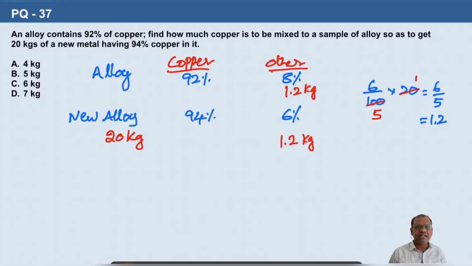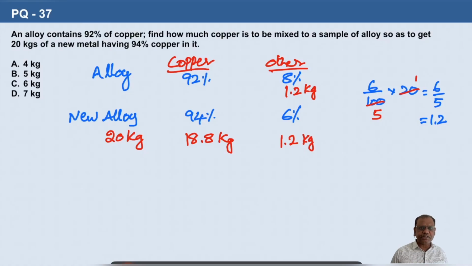So here the question is, find how much copper is to be mixed. So now we have to find out 92% and 94%. The difference is 2%. So first of all, we will find out what is the weight of the 92%. So here the 94% is 20 minus 1.2, so that is 18.8 kg.